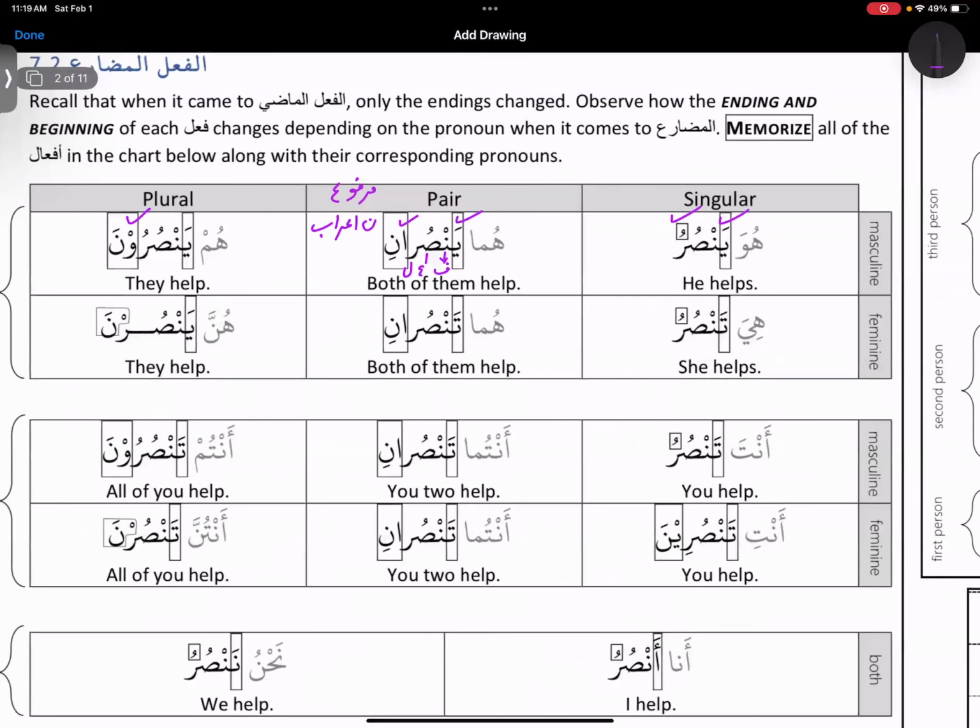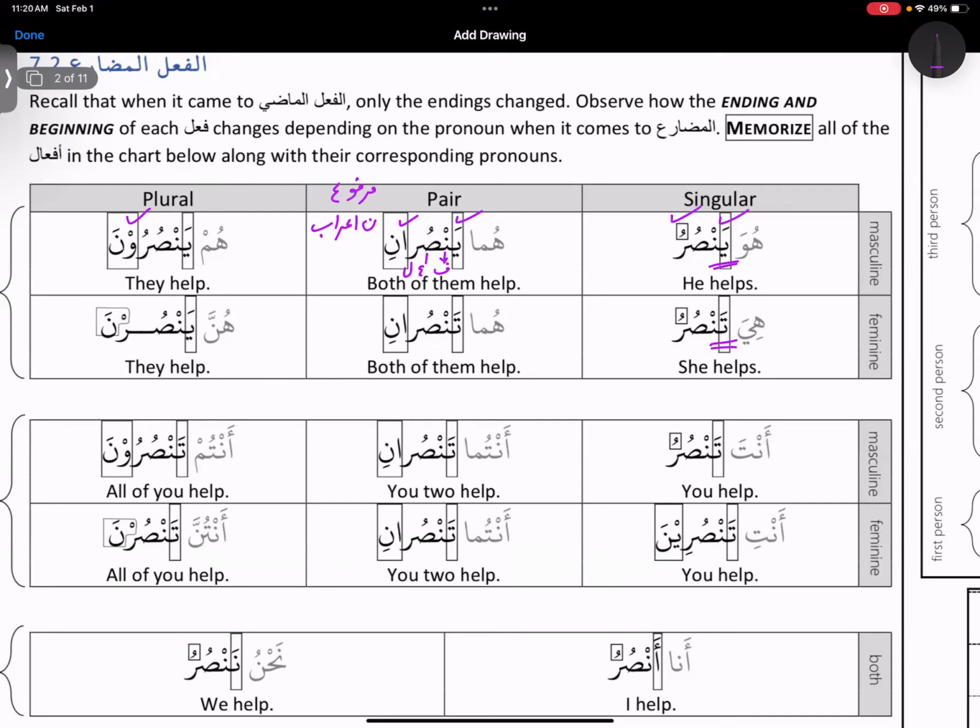Then here we start with ta in fi'l mudari. Ya is going to start with ta. Huwa is starting with ya. Hiya is starting with ta. Otherwise they are the same. So the only difference in how I recognize huwa and hiya is ya and ta.